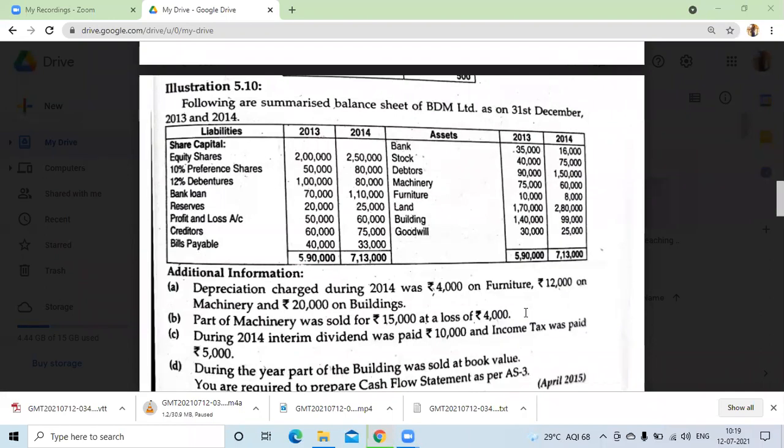During 2014, interim dividend, means half yearly dividend, which is paid for six months, twice a year. So it is half yearly dividend. Interim dividend was paid rupees 10,000. Now, can you see any item which is related to interim dividend in the balance sheet? Any item in the balance sheet which is related to interim dividend?